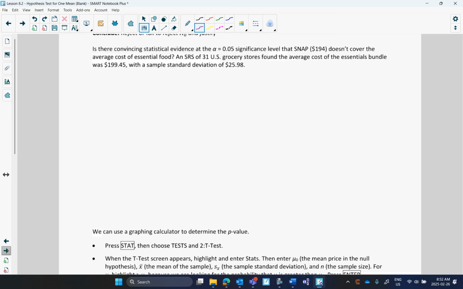Okay? And again, it does say here, alpha equals 0.05. So state the hypothesis test. We want to state the null and the alternative. The null, the true average is 194.